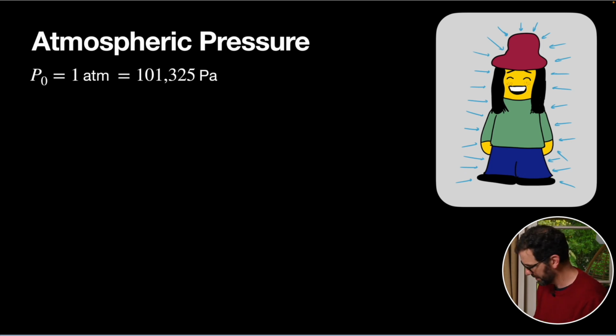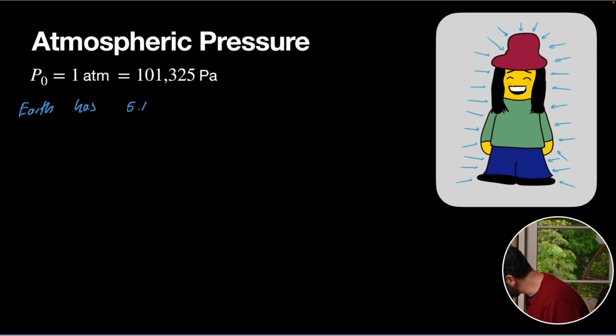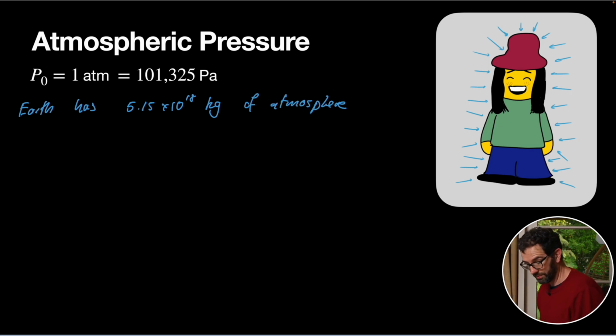What does that mean? Well, we can figure this value out by doing a pressure balance. Let's do a little bit of a thought experiment. If you look at the entire Earth's atmosphere, the Earth, turns out, has 5.15 times 10 to the 18 kilograms of atmosphere. Quite a bit.